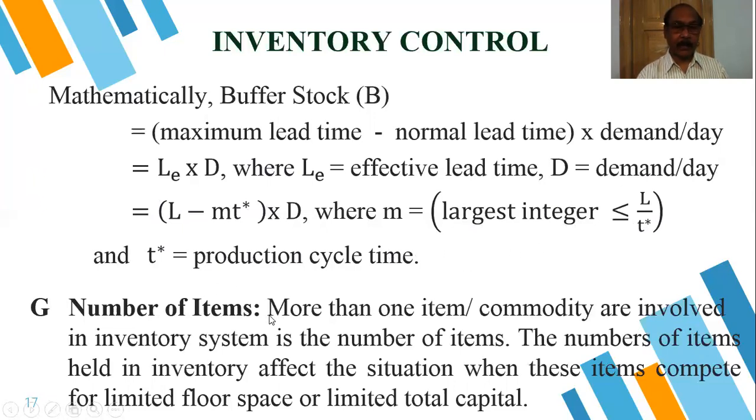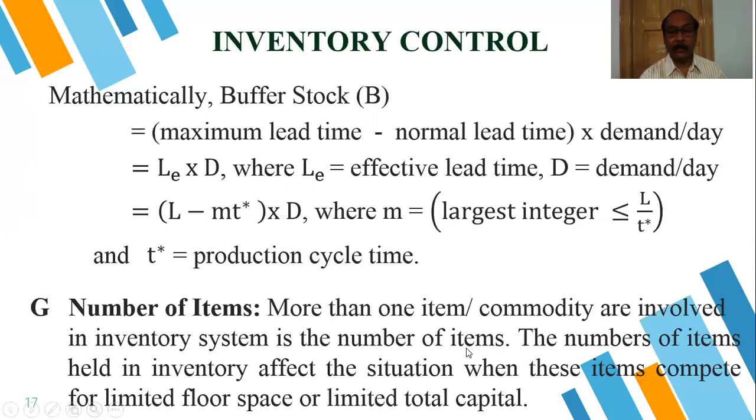Number of items: more than one item or commodity may be involved in the inventory system. The number of items held in inventory affects the situation when these items compete for limited floor space or limited total capital.